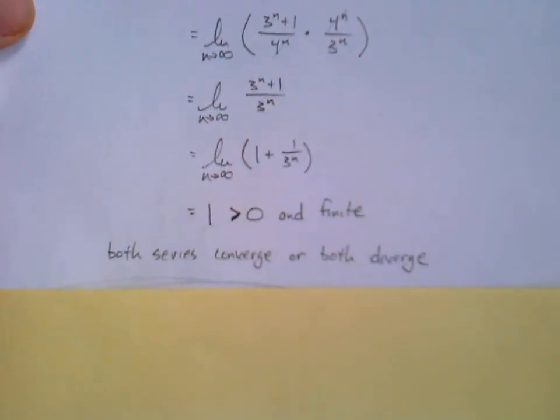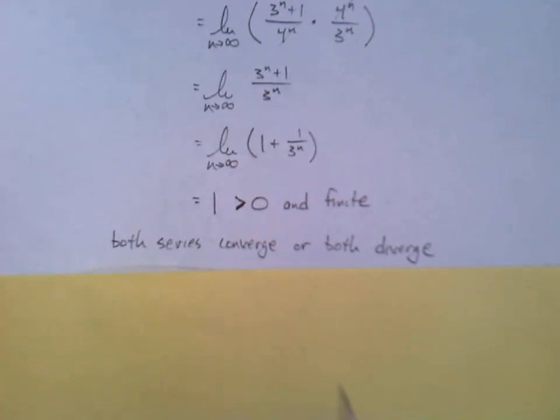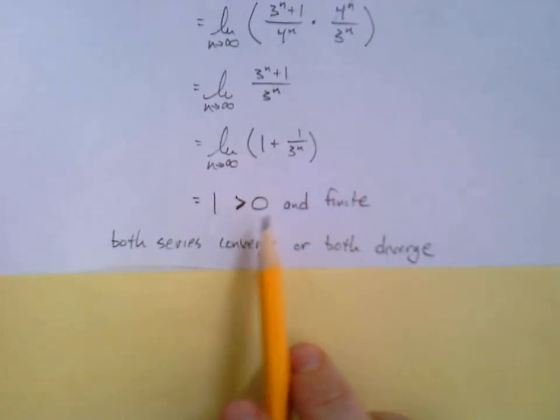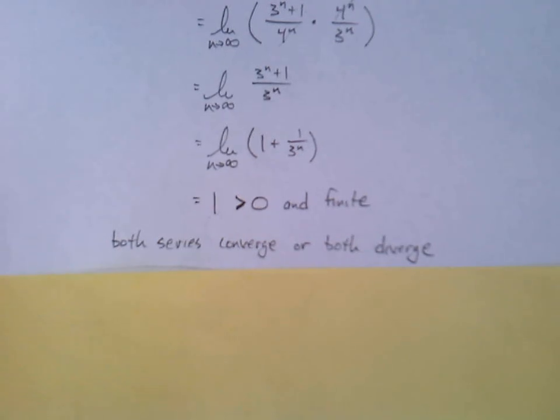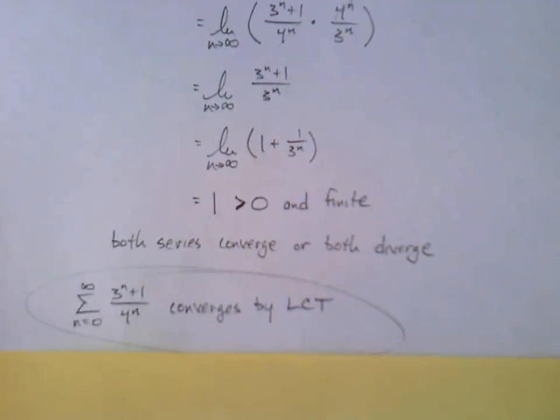I know that now both series converge or both diverge, but that new one converged. I already showed it. So I can say that the original, 3 to the n plus 1 over 4 to the n, starting at 0 even, converges by LCT, the limit comparison test. And there you go.